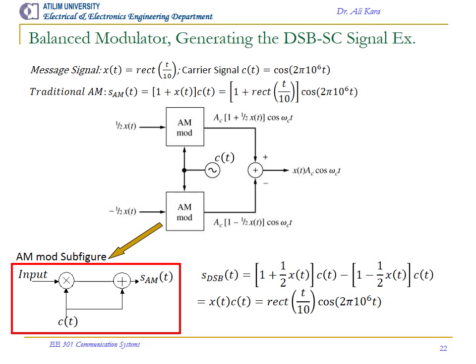This configuration is set up so that the carrier is cancelled out at the summer. So, at the end we have the DSB signal as message signal times the carrier, unlike traditional AM, which has the additional plus carrier term.